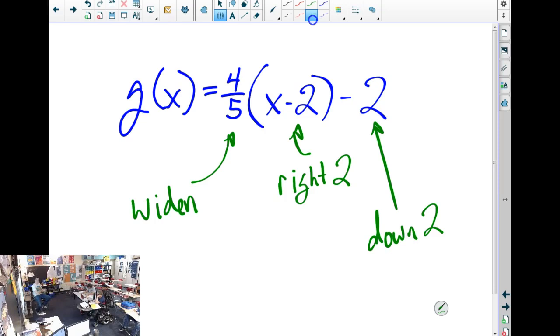So on a test, I'm debating whether I just hand you guys back the same tests again, or whether I write a different chapter 9 test. If you were asked to describe the transformation compared to the parent function, you don't really have to be able to definitively talk about the widening, right? It's an intensifier of 4/5. We could do some calculations and get some actual values.